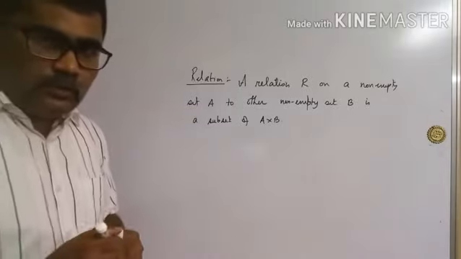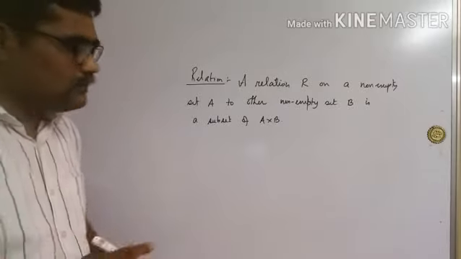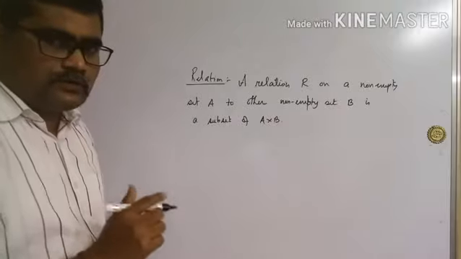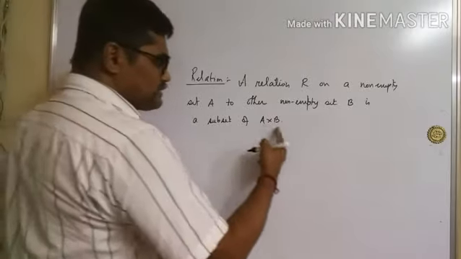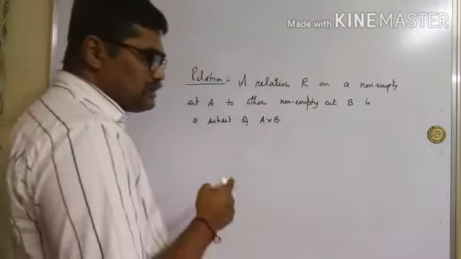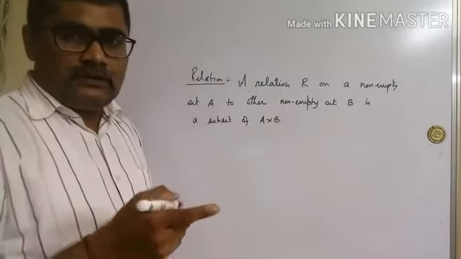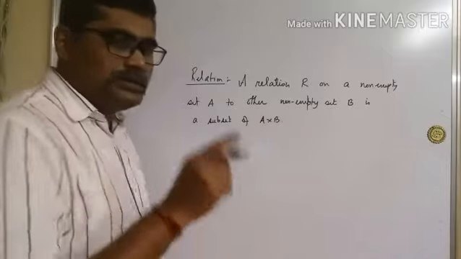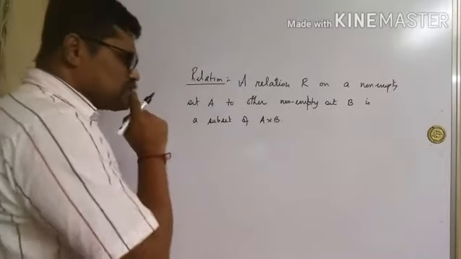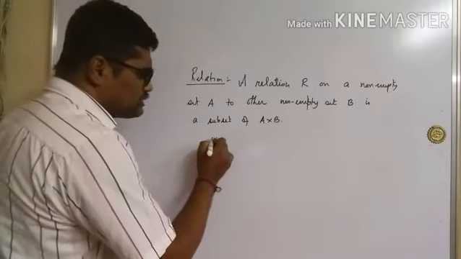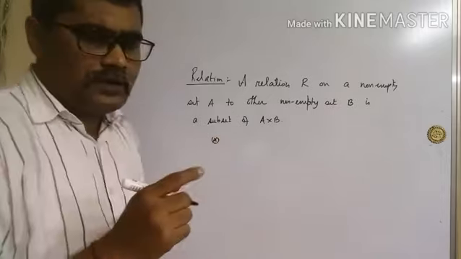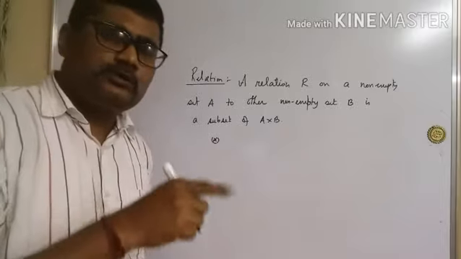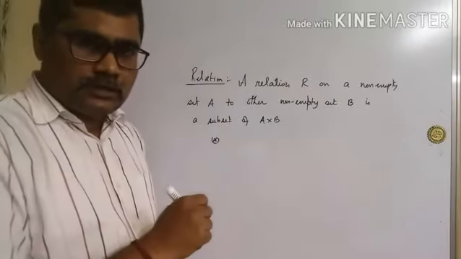Let me go for a little more explanation before I take the model. Let us observe how many subsets A cross B will have. Then we can tell how many relations from A to B are possible. Just remember, if n elements are there in a set, then 2 to the power n subsets are possible.